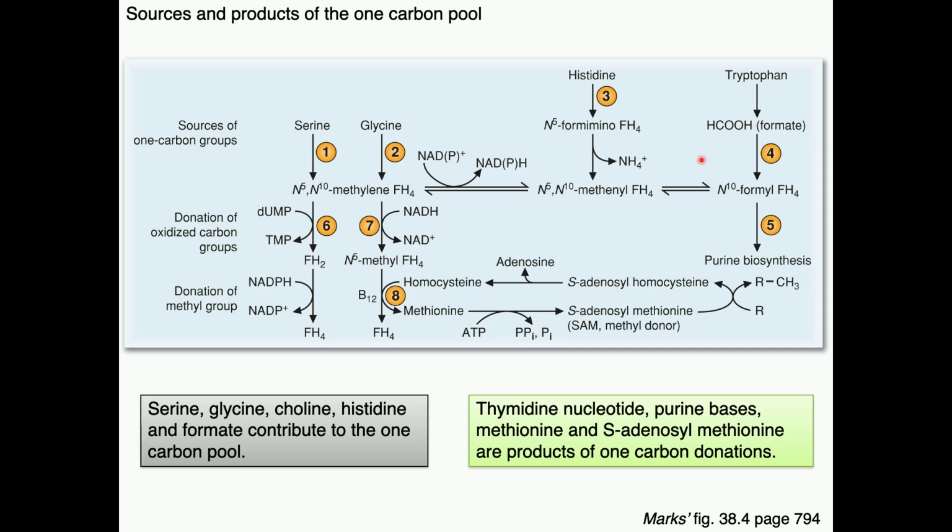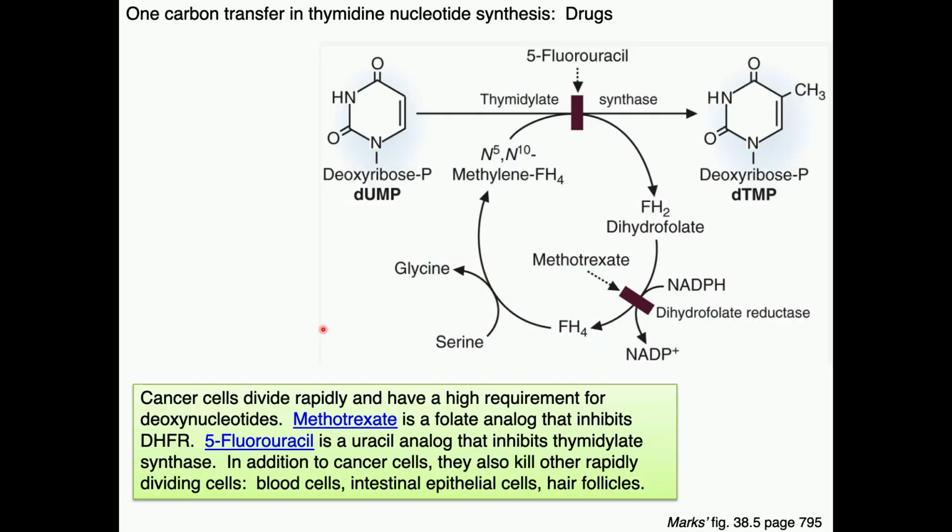So we're going to talk about some different drugs that affect folate metabolism. We're going to zoom in on the left side of the pathway, and that thymidylate synthase reaction. The enzymatic function of thymidylate synthase is to convert deoxyuridine monophosphate to deoxythymidine monophosphate.